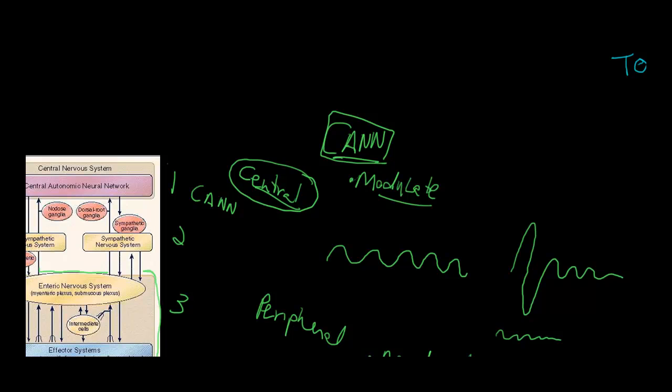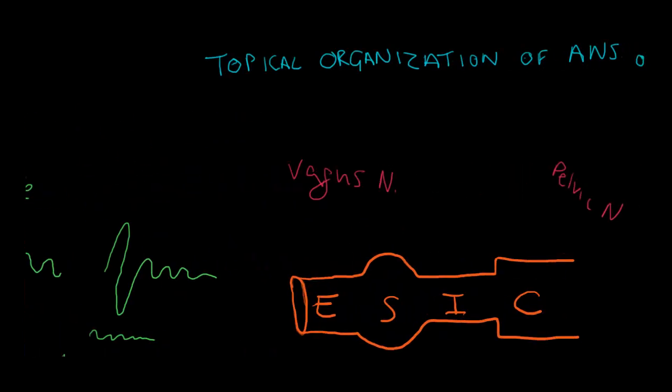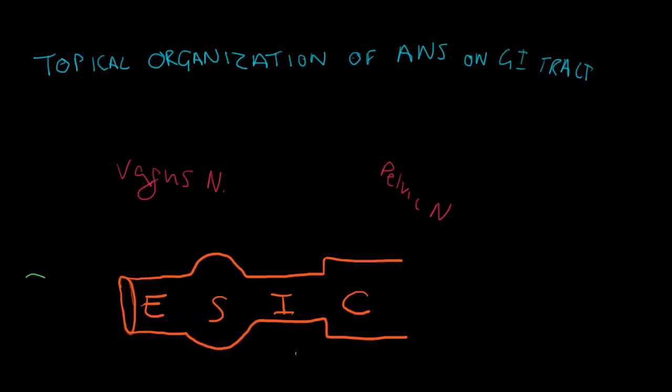Now that you've seen the general innervation of the gut and the hierarchy of control, let's talk about the topical organization of the autonomic nervous system on the GI tract. And for our visual learners, this is the title.